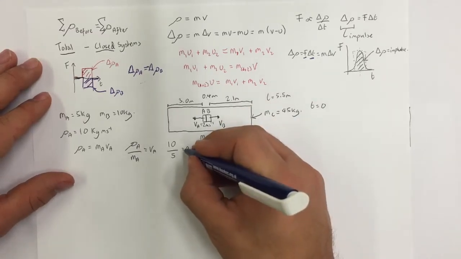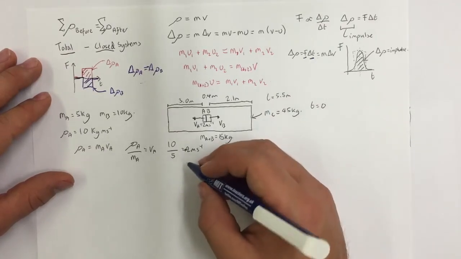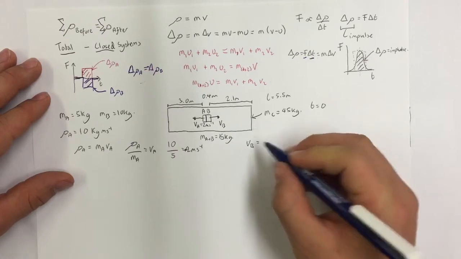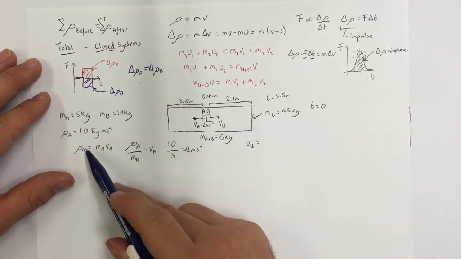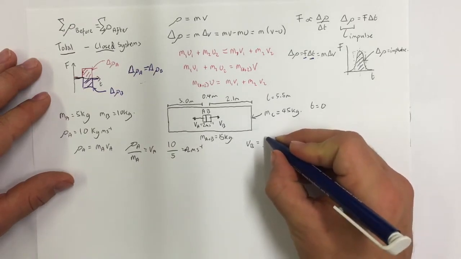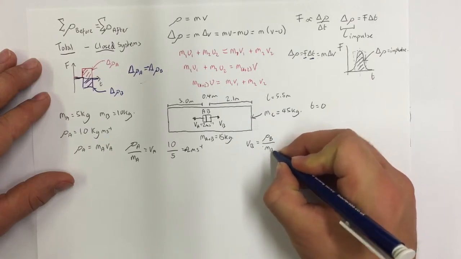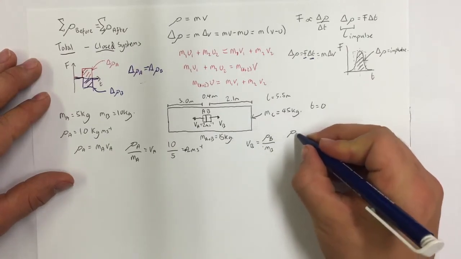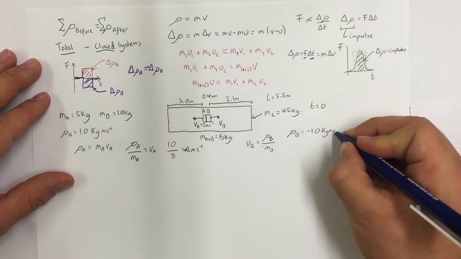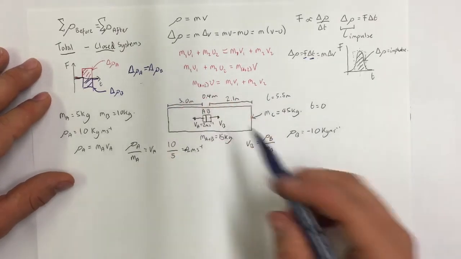Now I'm going to make that positive. So I'm going to make that my positive direction, just to keep this consistent. Then I can do my VB. If momentum of A is 10, I'm trying to work out VB, that must be the momentum of B divided by the mass of B, but the momentum of B has to be equal to minus 10, because remember it's a vector, so if that's 10 in that direction, the change in momentum we said for any two objects in a collision has to be the same.